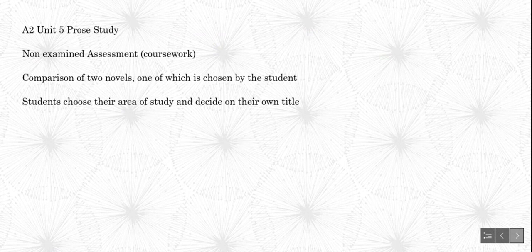Students also choose their area of study. So whatever they're interested in when they're reading the novels, they decide that they are going to do that for their coursework. And then they decide on their own title as well. So it's an opportunity for them to be very creative and to really showcase their talents at this point in the course.